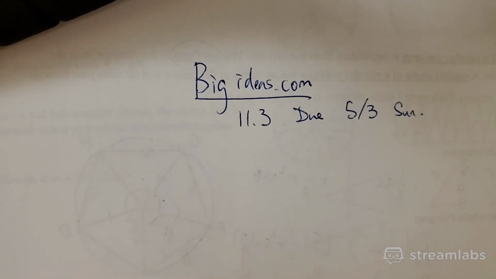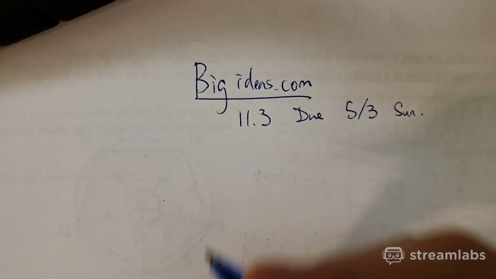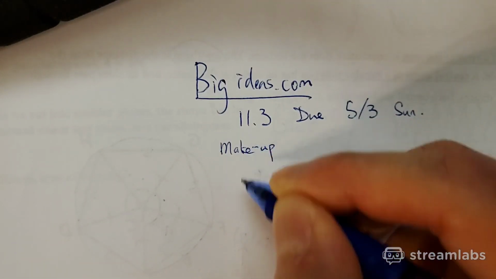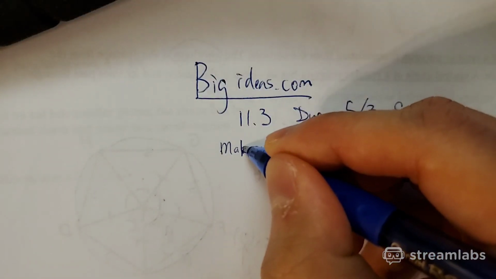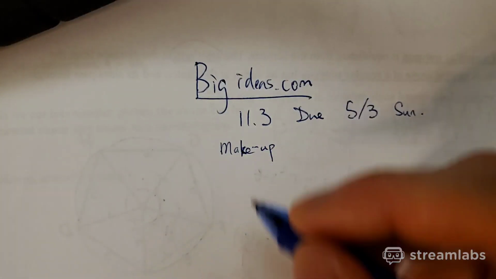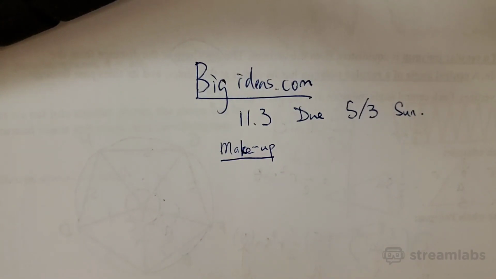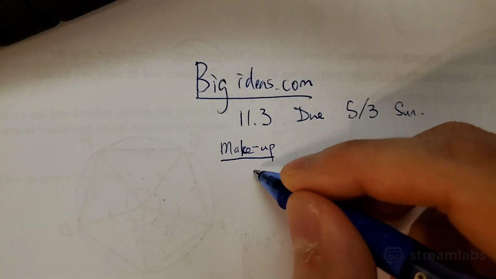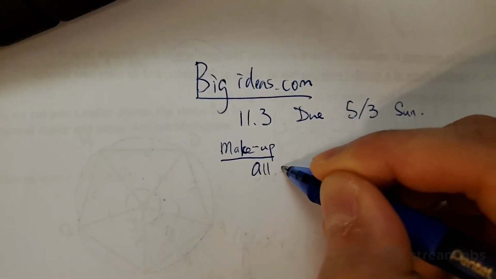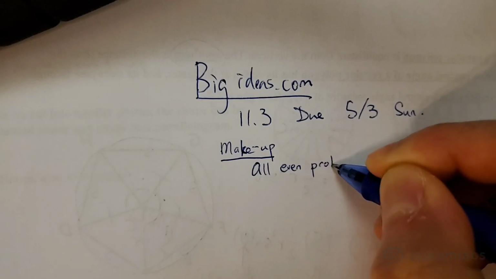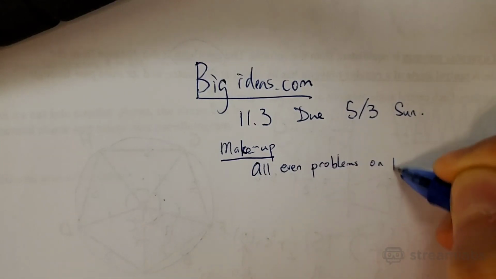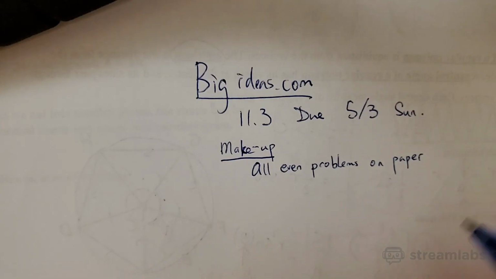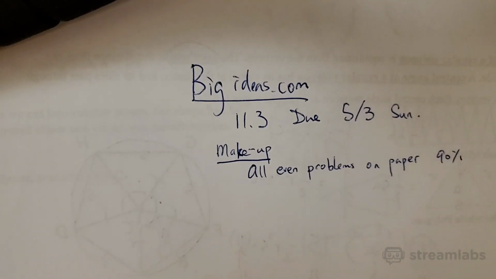For the people who already missed it, the only way you can make up assignments is this. I need to post this here so that people will stop asking me, because I have a couple of people who want to make up. If you want to make up, you're going to do way more work. Make up each section: you need to do all even problems on paper, for each section, to make up 90% of credit.